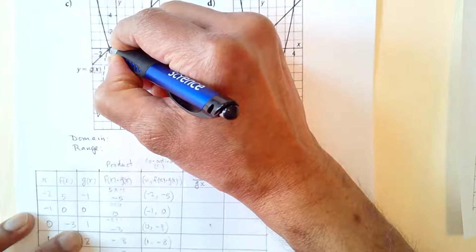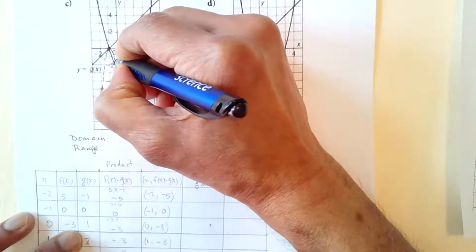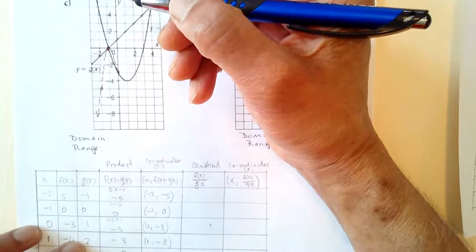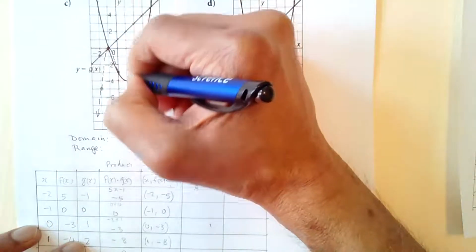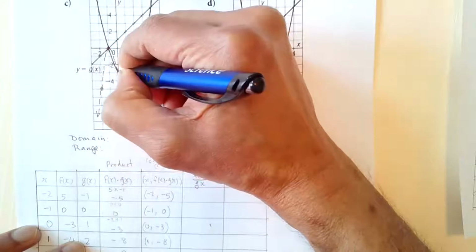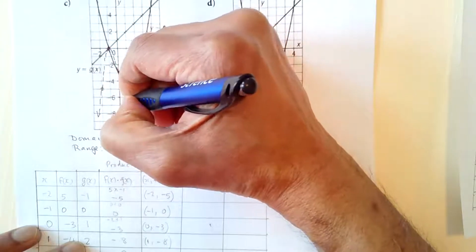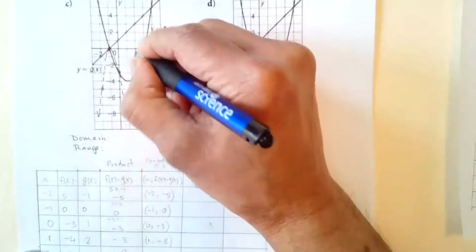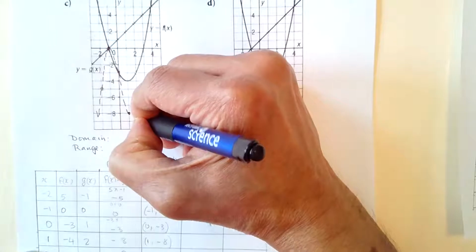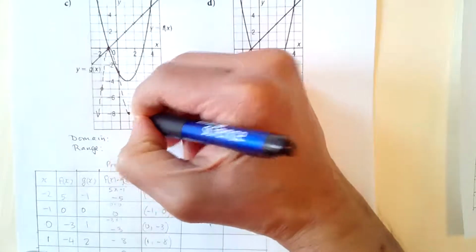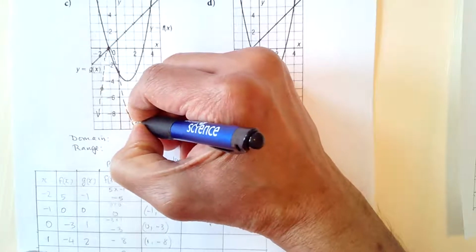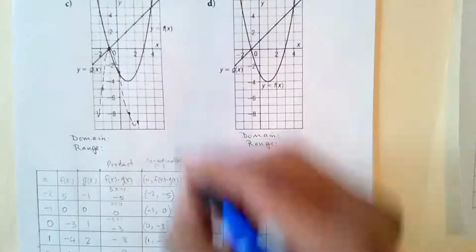So this graph, there's a bounce. Then we have 1, -8. Continues. And 2, -9. So 2, -9 is right here. And then we have 3, 0.